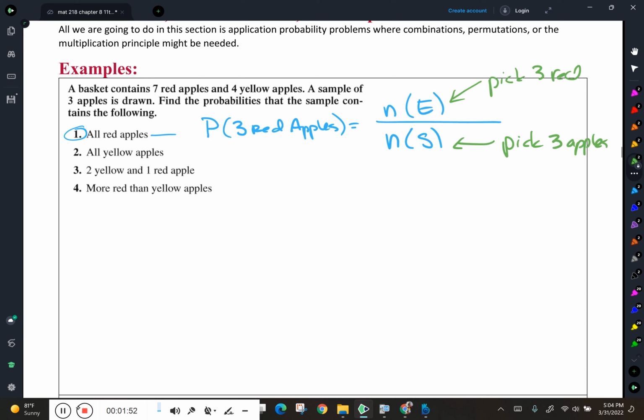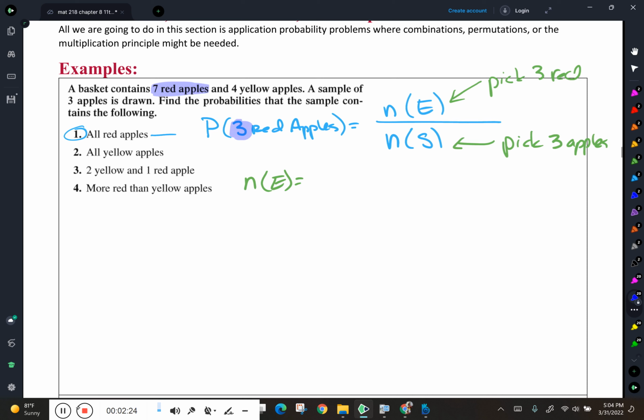All right, so I'm going to find E first. The number of elements in E, my numerator, is going to be the number of ways to pick 3 red apples. There are 7 red apples in the bowl, and I am going to take that set and create a subset from it of 3 apples, because that's how many I'm picking.